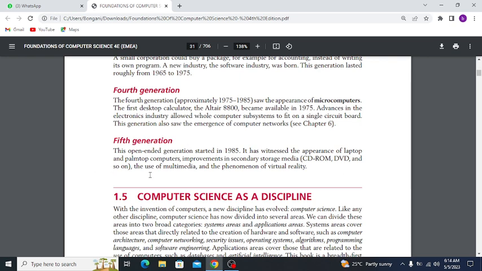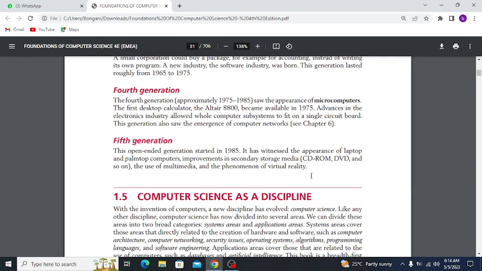Even now, CD-ROMs and DVDs are getting outdated. Computers are now using USB ports, without space to put CDs. There is also the use of multimedia and the phenomenon of virtual reality. We are in that now, right?